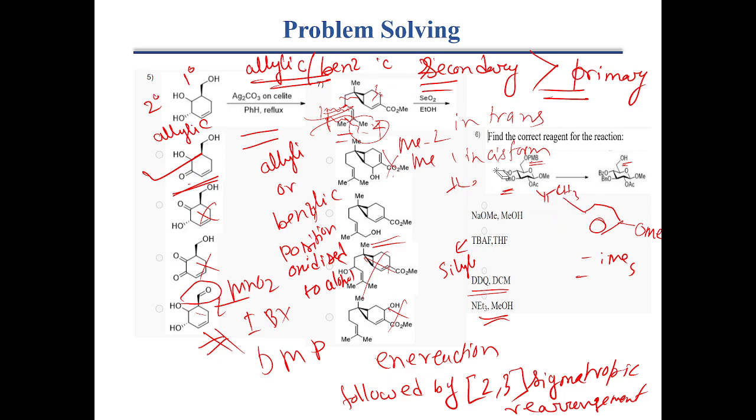So how can we explain this? For DDQ, I have shown the mechanism of how the benzyl group is deprotected by DDQ. If we know the mechanism, it goes through single electron transfer or a free radical pathway.